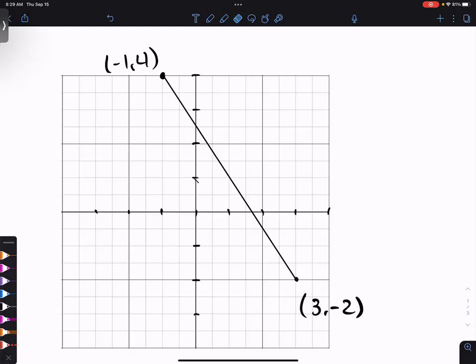Any ideas about how we could do that? I mean, just visually, where does it look like it is? 1, 1, right? I drew mine double scale just so the picture would be bigger, but that looks about right.